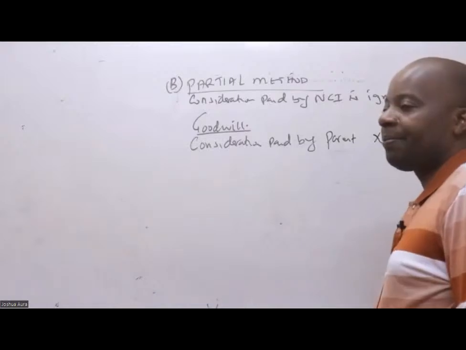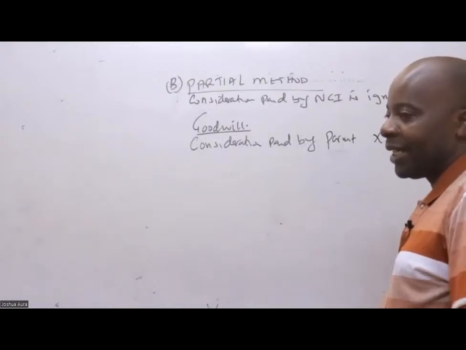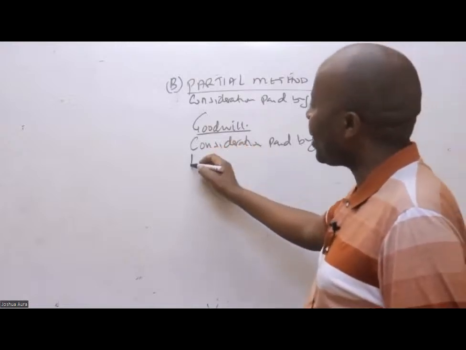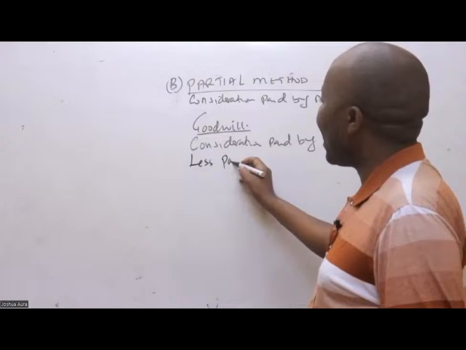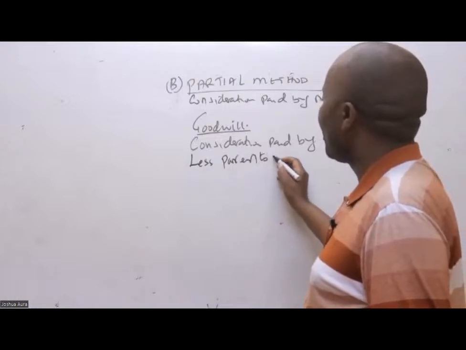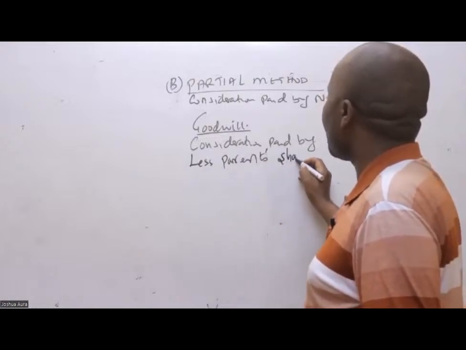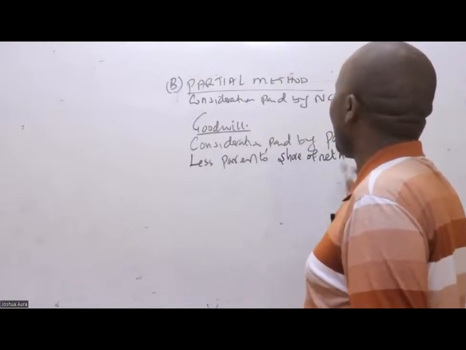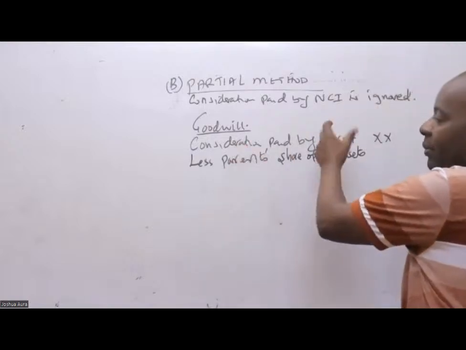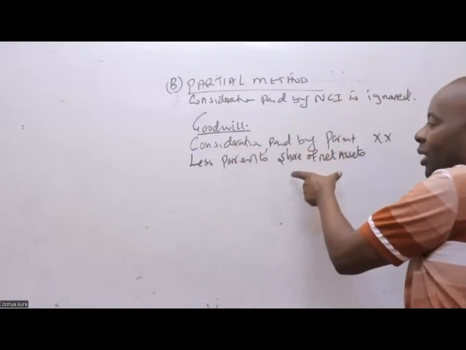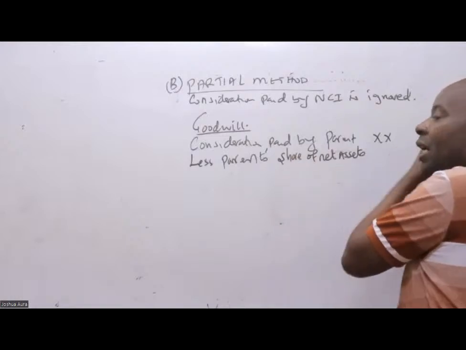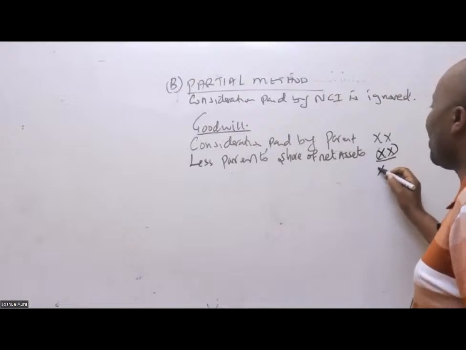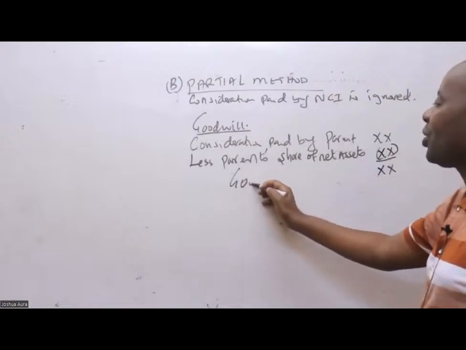The consideration paid by NCI now is zero. Then we come under less the parent's share of net assets, because it's only the consideration of the parent that we have taken into account. So it can't be the total net assets, but the parent's share of net assets, and then we get the partial goodwill. This will be the goodwill at acquisition.